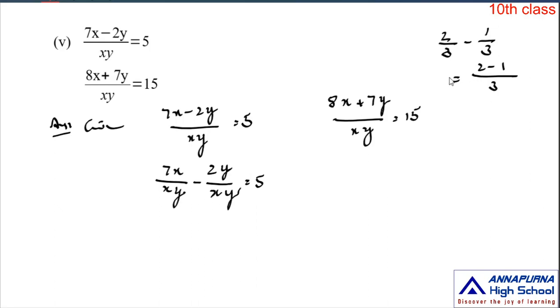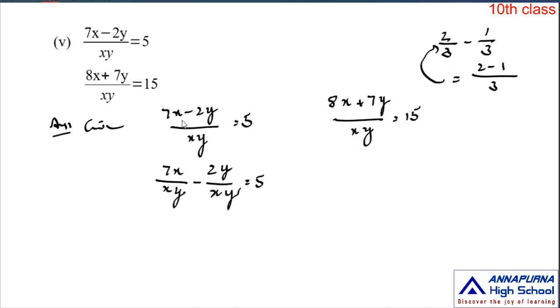Now here I am doing just the reverse process. Now the 3 is the common denominator of these two numbers in the numerator, and I split this common denominator to these two terms.